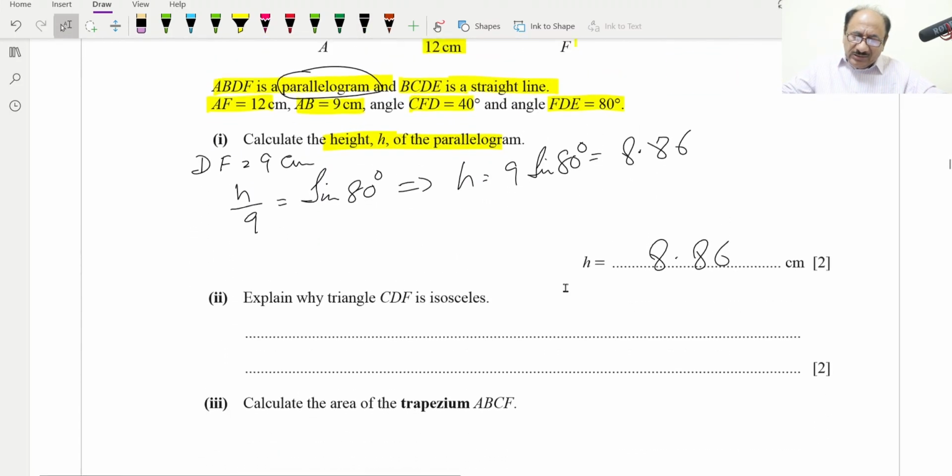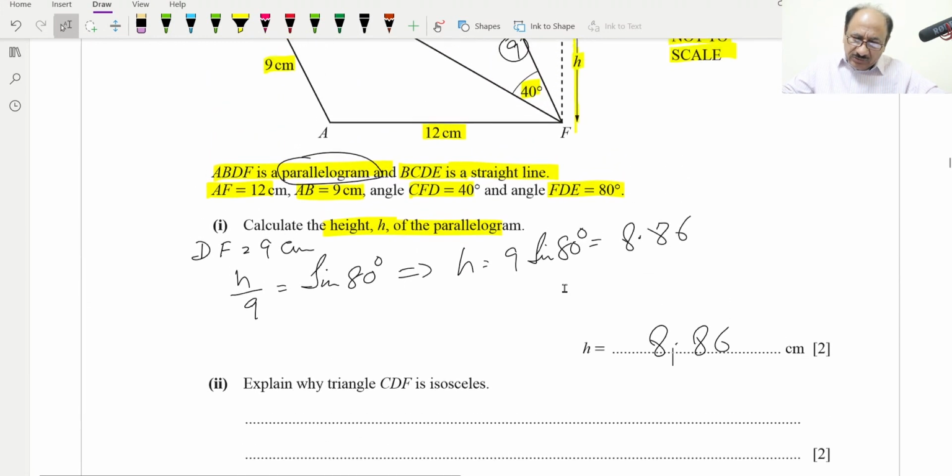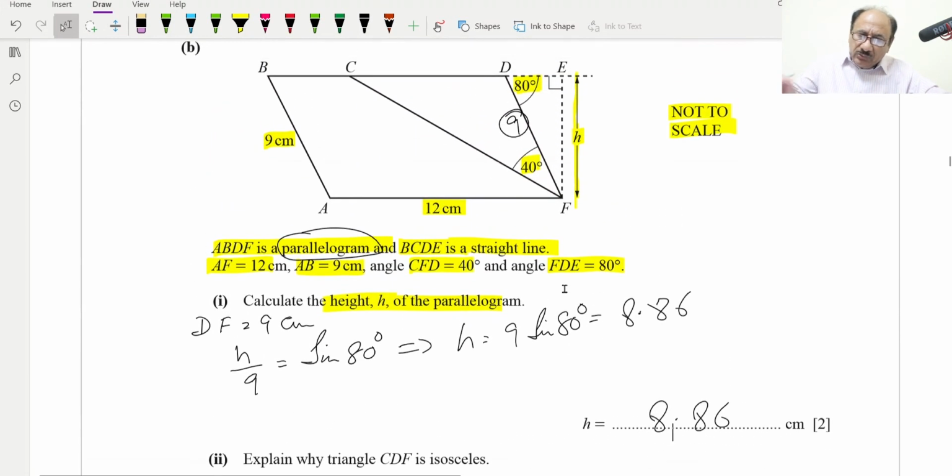Explain why triangle CDF is an isosceles triangle. CDF, so C, D, and F. So they are talking about this triangle. This is an isosceles triangle. Why? The reason is this angle is 40, and we can calculate this angle on the basis of this angle.